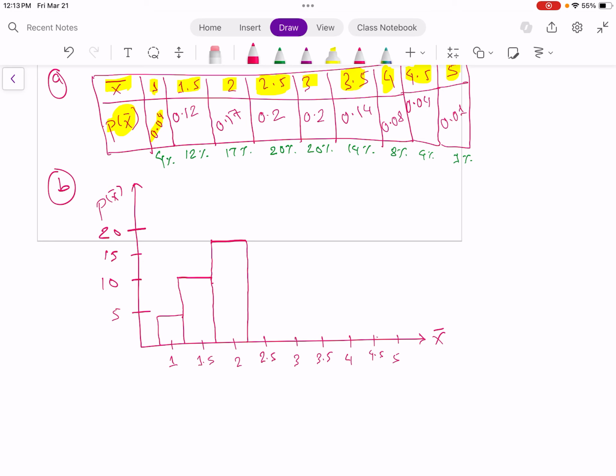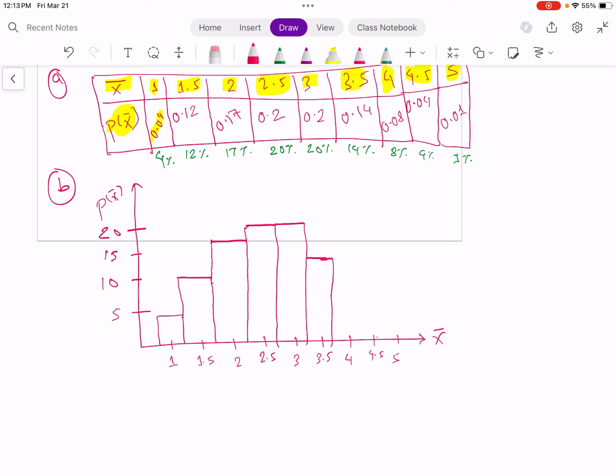Now 2.5 is 20%. So here 3 is also 20%. 3.5, 14%. So this is 15, just below 15. We draw a bar. 4, that is 8%.